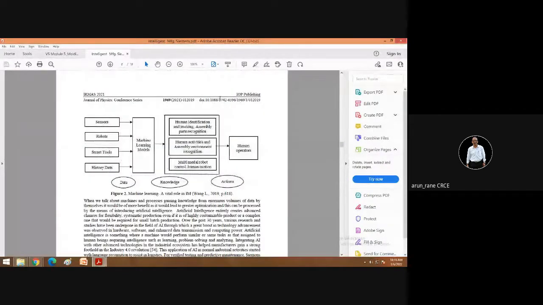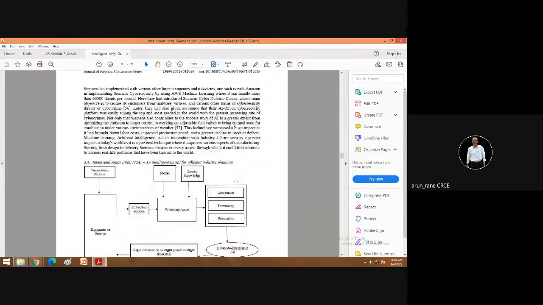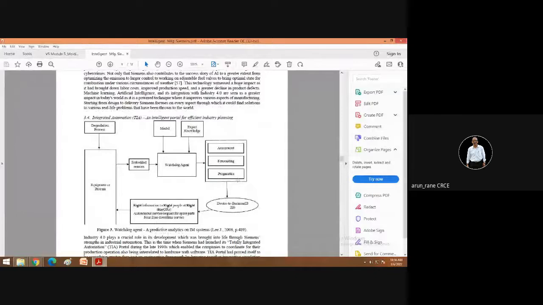So this paper is comparatively simpler than the Elsevier one. This journal, IRMAS, is okay. It's not a reputed journal, but Elsevier is very reputed. So, what is a watchdog agent?